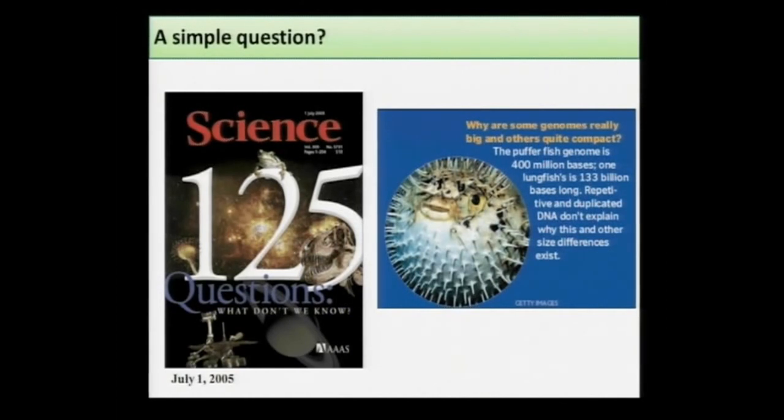Why are some genomes really big and others quite compact? Okay, seems like a very simple question. They give you an example. Pufferfish genome is about 400 million bases, or 1/10 the size of the human genome. And the lungfish is 133 billion bases. Why the difference? Seems like a simple question.